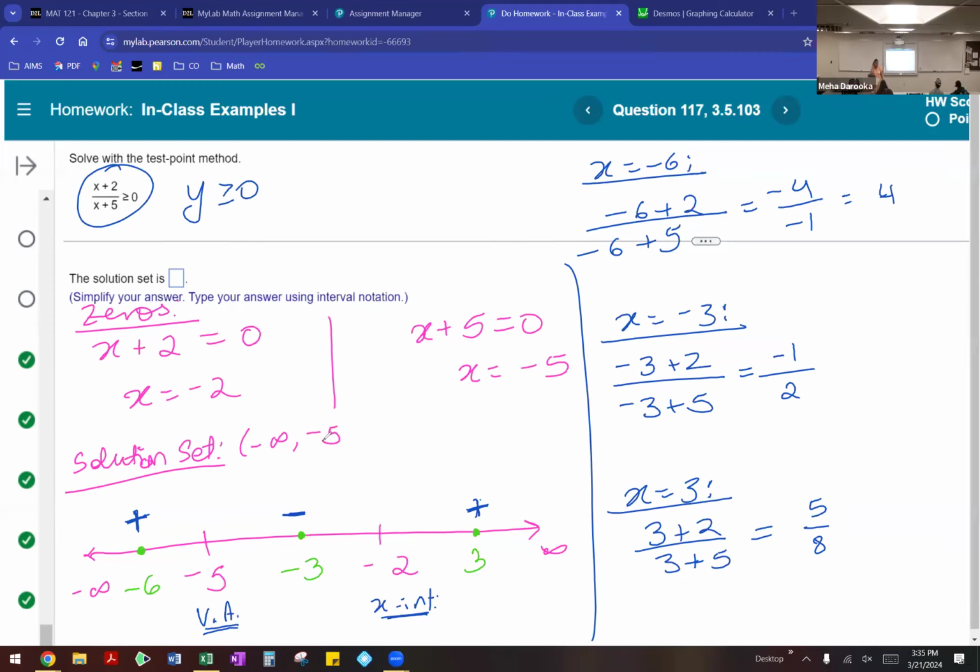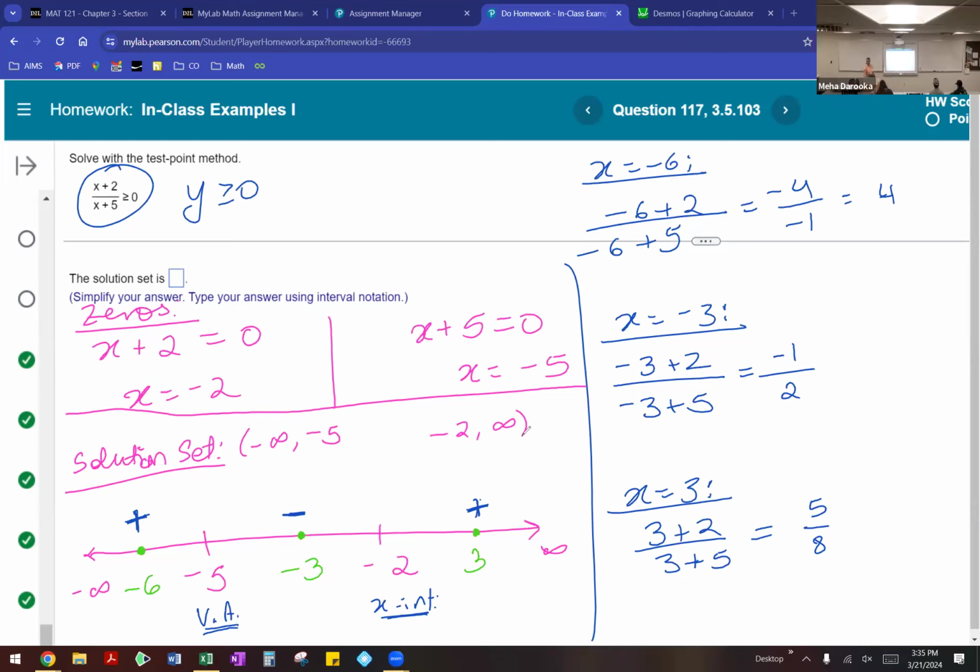Where other place are we seeing y greater than 0? What other interval? -2 and going where? Very good. These are both places where we have the plus sign.